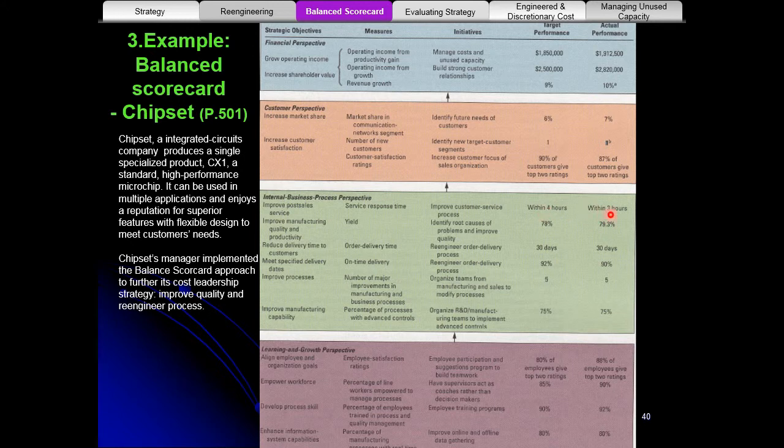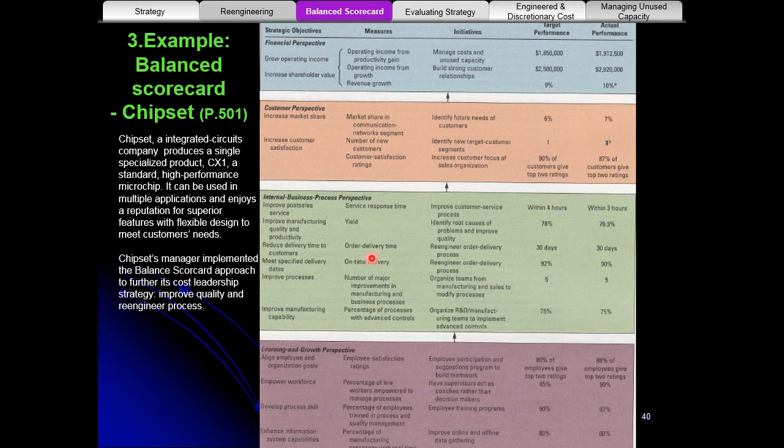So we have exceeded our budget by 33%. Our yield is 79.3%. Our budget was 78%. We've exceeded our budget by 1.3%. But because this is a cost or an efficiency rating, we have improved our efficiency by more than 1.3%. You see what I mean here, okay?